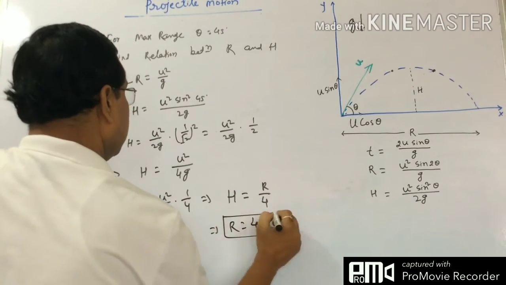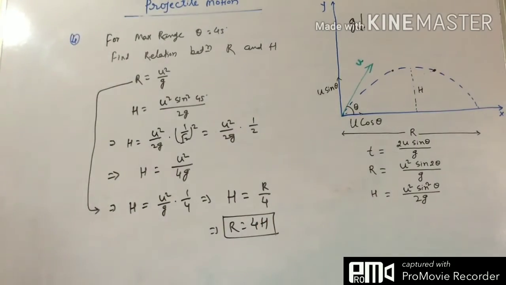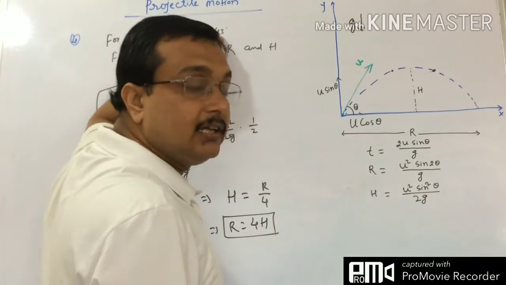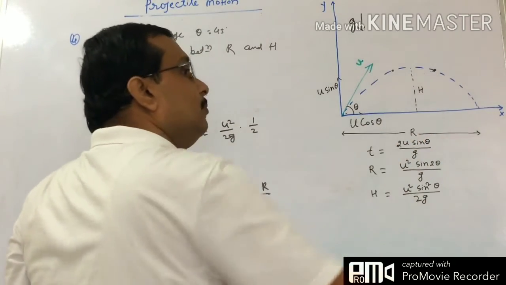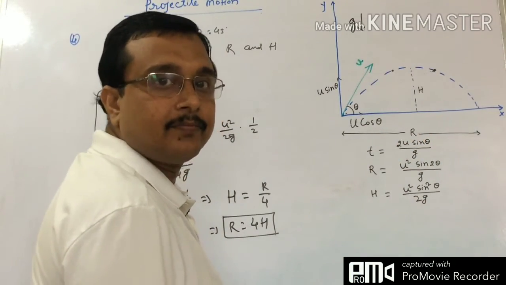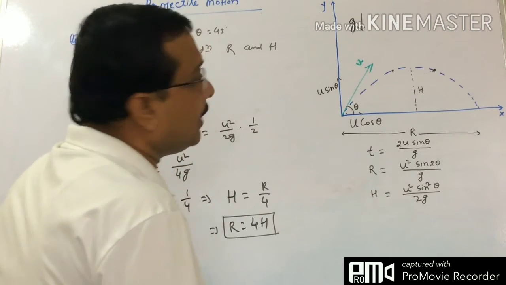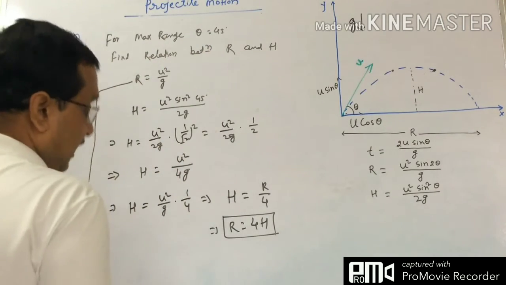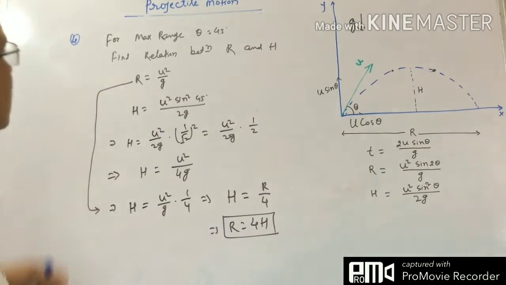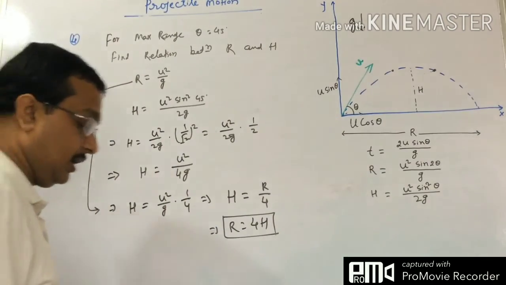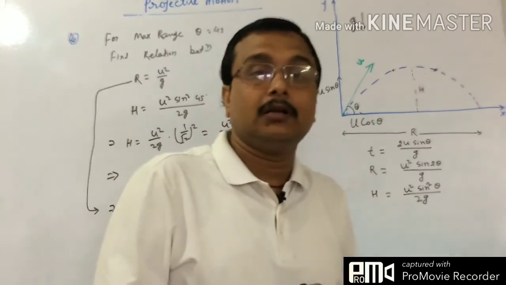Means when the particle is thrown at an angle of 45 degree, the range is maximum and it is 4 times the maximum height attained by the particle. All these points are clear and must be remembered because it is very useful when you are solving objective questions in JEE or NEET or some good quality questions.